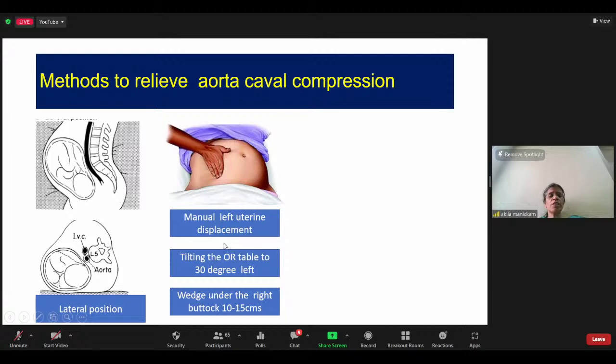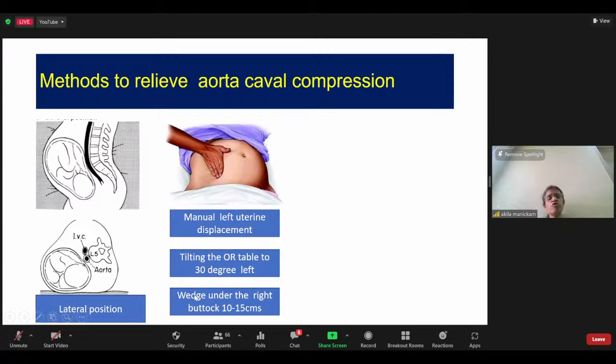Another thing that can be done is tilting the OR table to at least 30 degrees to the left. It has been shown previously that even a 15-degree tilt was advisable, but according to the latest consensus, even a 30-degree tilt relieves the aortocaval compression only about 80%.